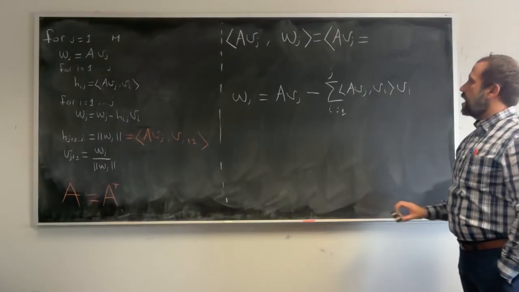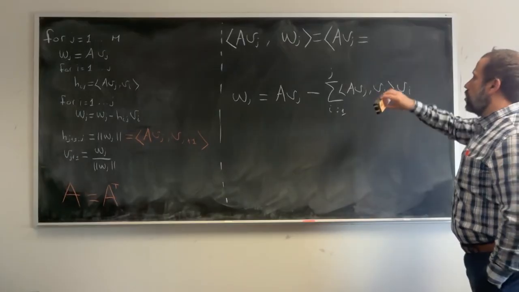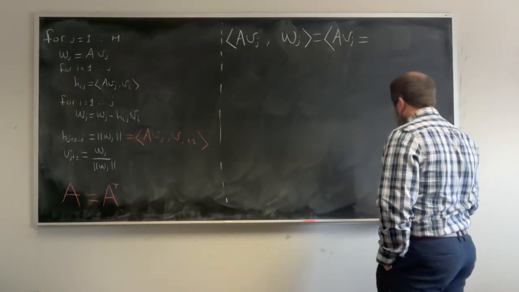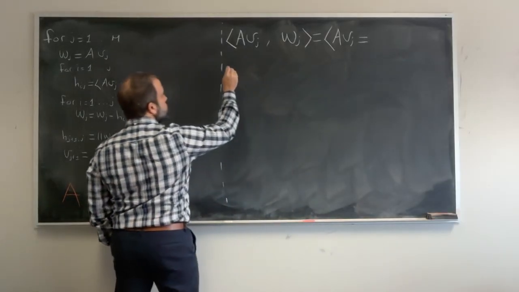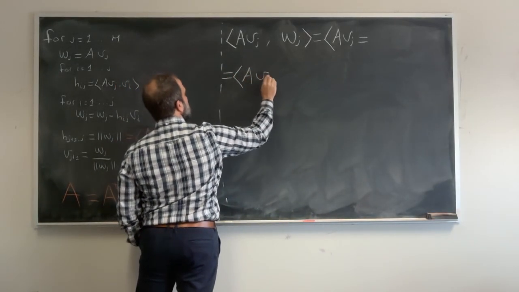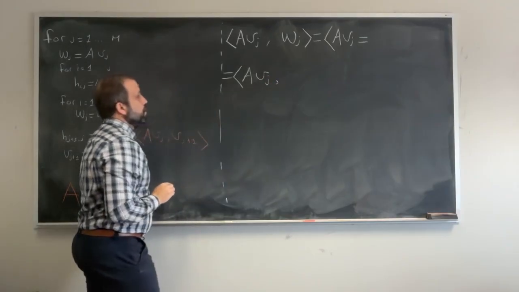It's now clear to me that I've not given myself enough room, so I'm just going to move this all down below. Still getting used to the chalk here. All right, so now down here we're going to have AVj.